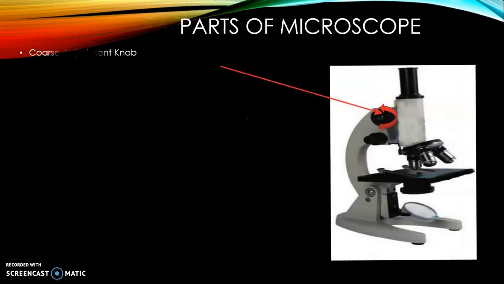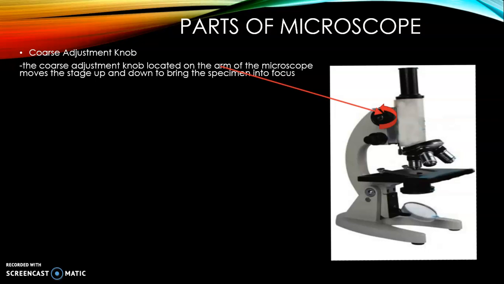Another part is the coarse adjustment knob. The coarse adjustment knob, located on the arm of the microscope, moves the stage up and down to bring the specimen into focus. By turning this, it moves the body tube, focusing with the low power objective lens.